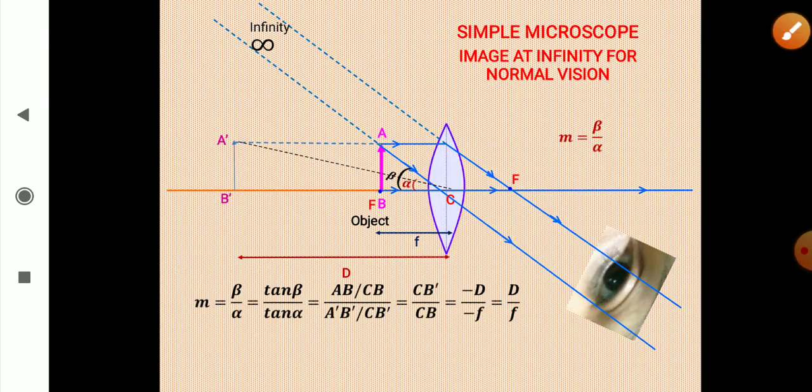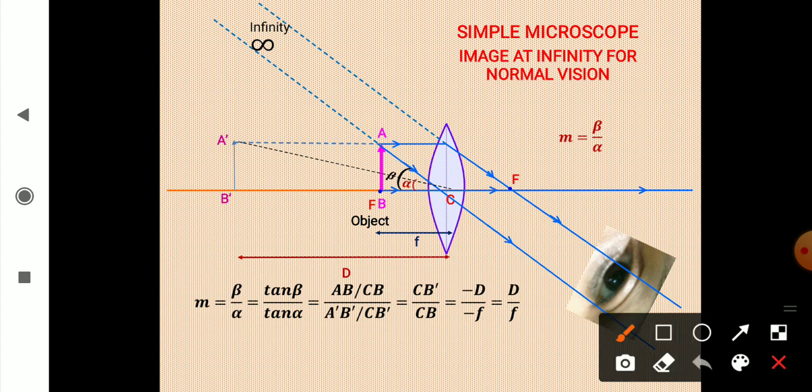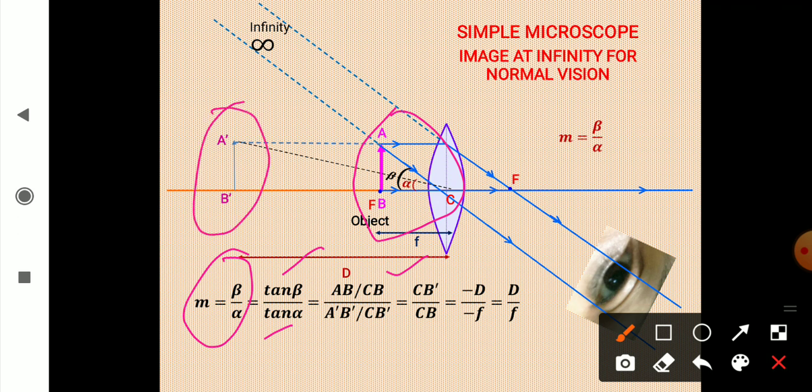So here, now it's very simple to understand. So magnification is beta upon alpha, that is equal to tan beta upon tan alpha, because angles are small, and tan beta is AB upon CB. If you look at this triangle, tan beta is AB upon CB, and tan alpha is A dash B dash upon CB dash.